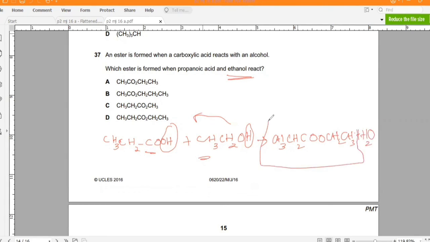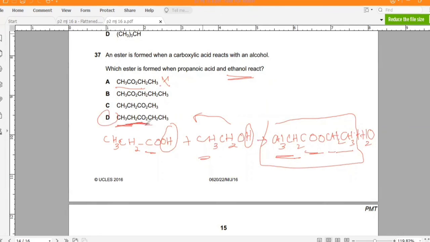Now you find this compound somewhere. It is CH3, CH2, CH2, CH3. This is not the right one. Look at CH3, CH2, COO, CH2, CH3. So in option D, you have CH3, CH2, CO2, CH2, and CH3. So this is the right one.